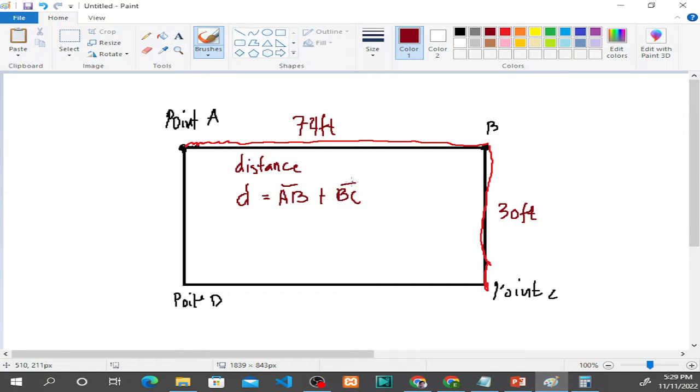That's 74 feet plus 30 feet, and that would be 104 feet. So the distance you have covered is 104 feet.